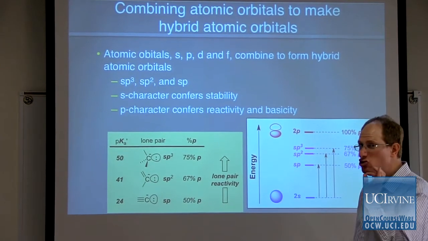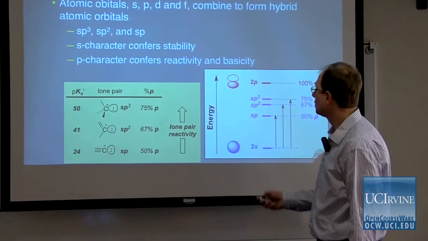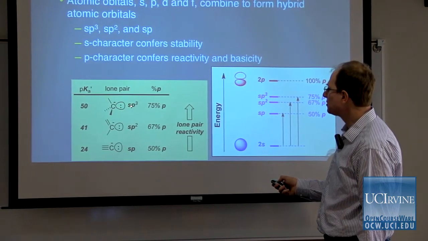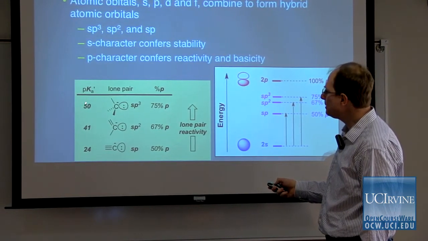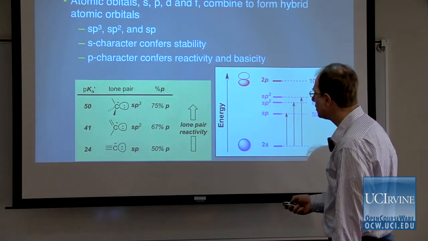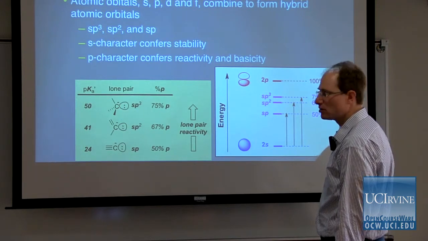And this can be dramatically illustrated in terms of basicity. Here's a lone pair in an sp3 hybridized orbital. Its pKa is 50. Compare that against a lone pair in an sp2 or an sp hybridized orbital.